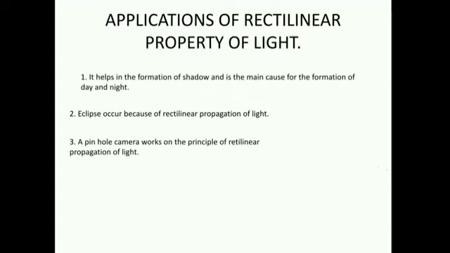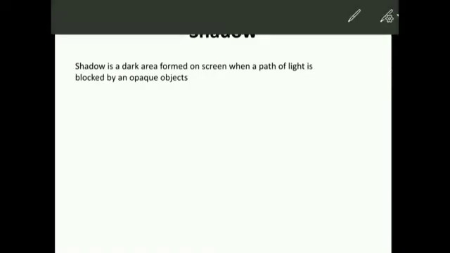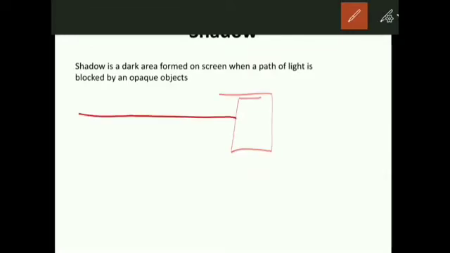Now we'll study in detail about shadow first. So what is shadow? Shadow is a dark area formed on the screen when a path of light is blocked by an opaque object. Suppose there is an obstacle out here, light is traveling in a straight path, rectilinear propagation.